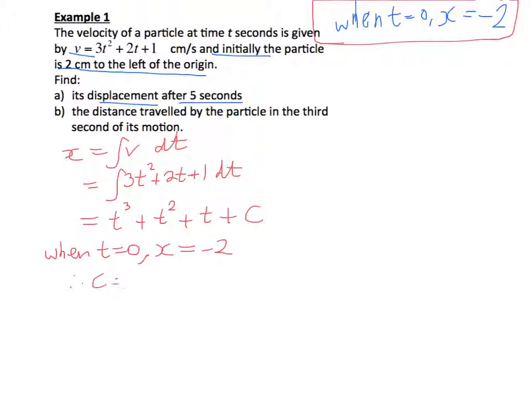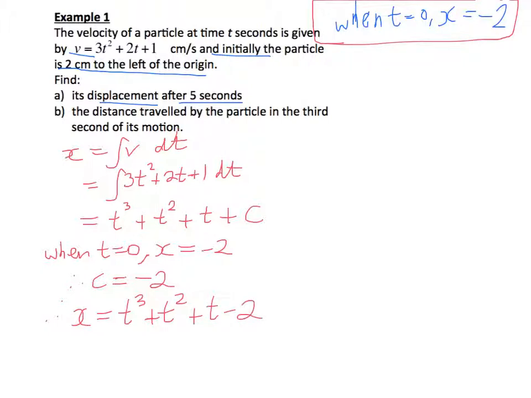Therefore, c equals -2. Sometimes if it's not such a straightforward substitution, you can actually show the substitution to work out what c is. So then our displacement x is going to be t cubed plus t squared plus t minus 2.